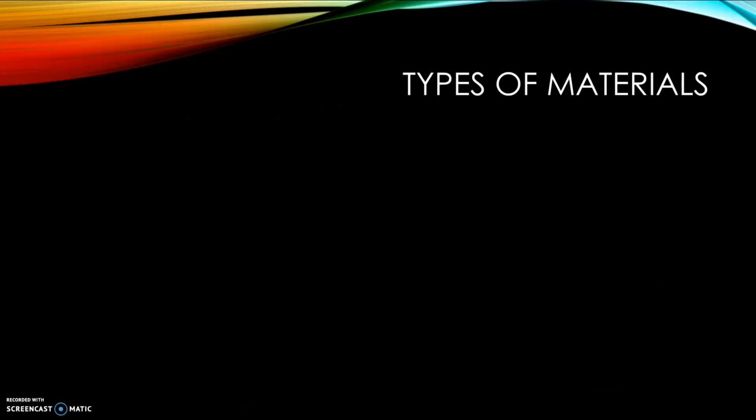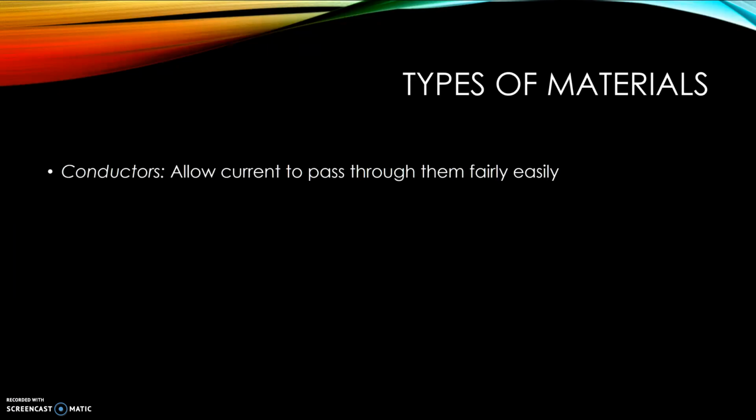So, types of materials. As I said, charge is a property of certain types of matter. When we look at what are called bulk materials, these materials that we can see and hold, there is a class of materials which we have classified as conductors.